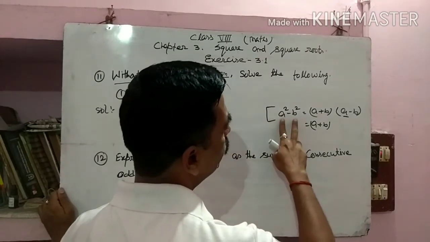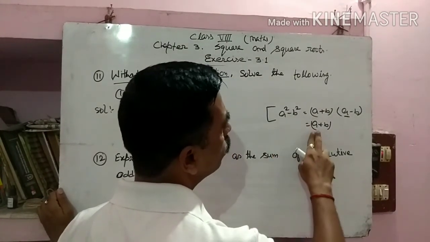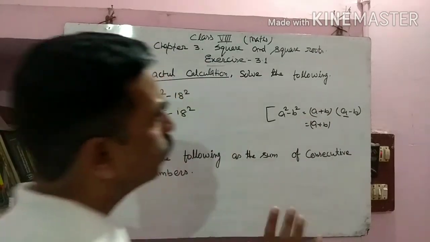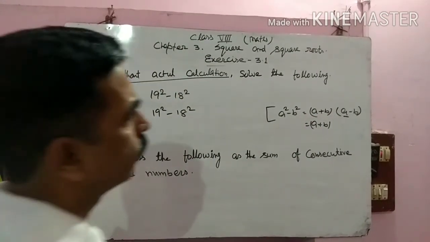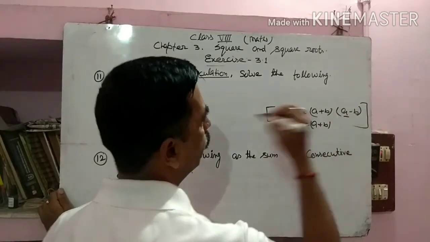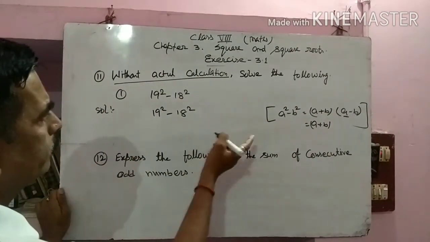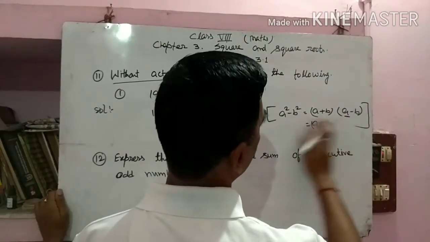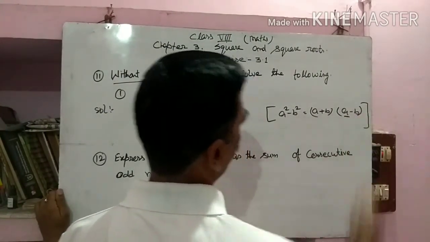So if the difference between the two numbers is 1, you just have to add the two numbers. There is no need to multiply anything. So what you get? A plus b. You remember this formula only.